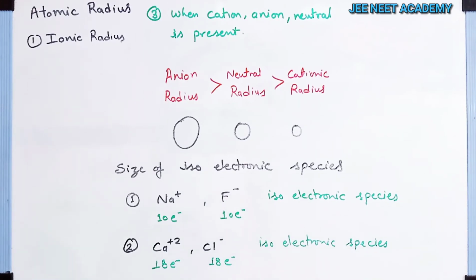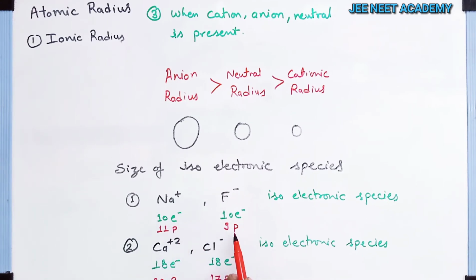Now the comparison of size. In this case electrons are the same, but the protons, here 11 protons are there, and here 9 protons, here 20 protons, and for chlorine 17. So 11 protons are pulling 10 electrons towards it.